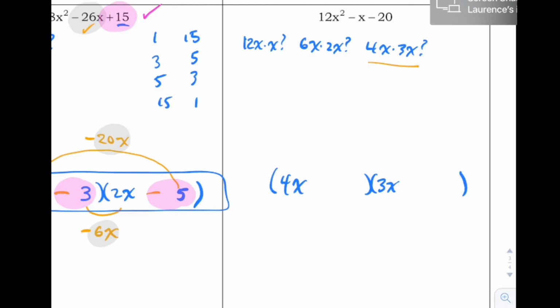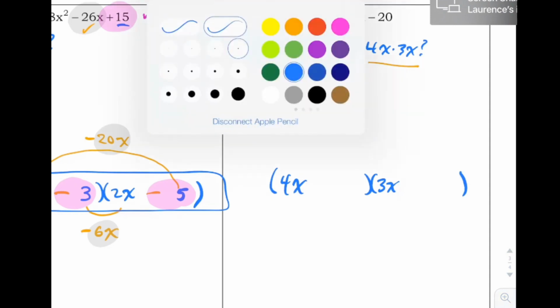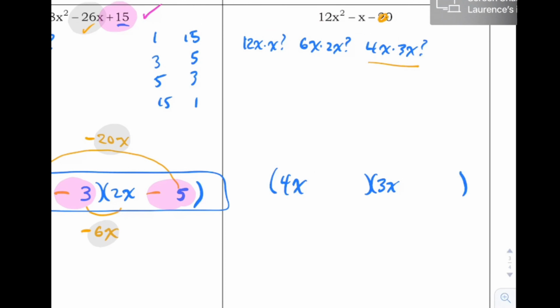Now this 20 here, oops, that 20 could be, let's think about this, a 1 times a 20, a 2 times a 10, a 4 times a 5, or kind of go in the opposite direction like this, right? So that's 1, 2, 3, 4, 5, 6 things. 6 things to try over here.